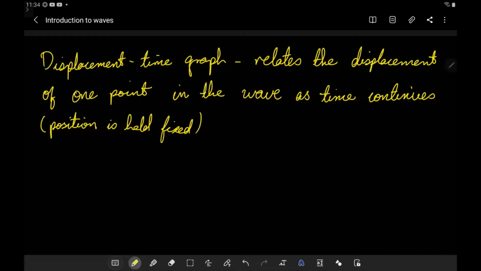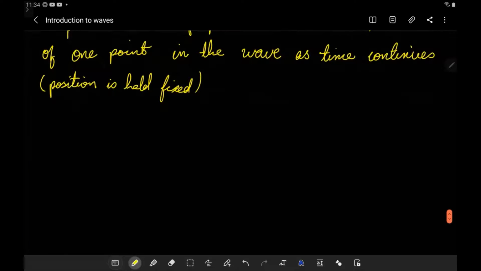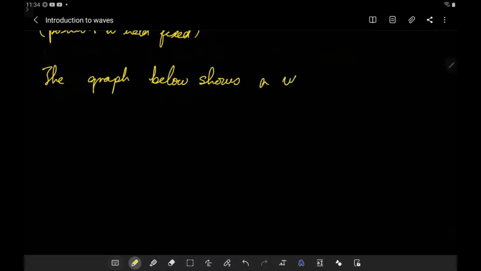All right, so let's see an example of this one, just like before. The graph below shows a wave of speed 40 meters per second.